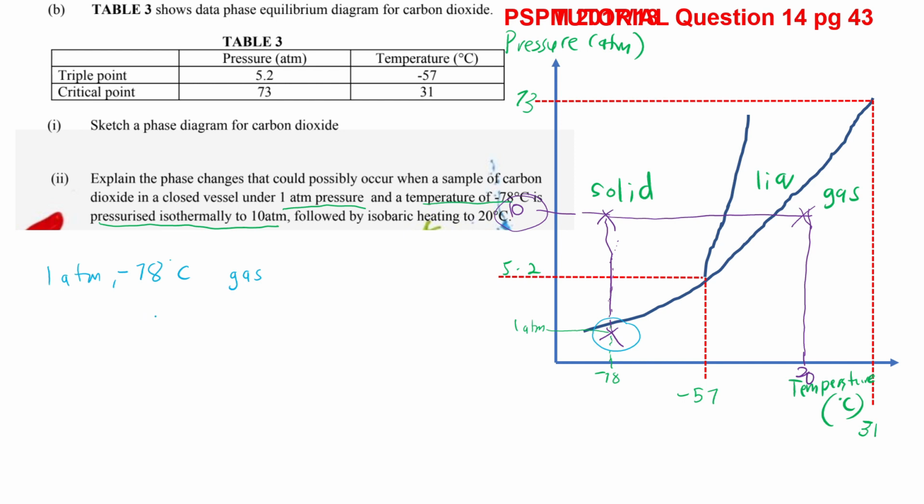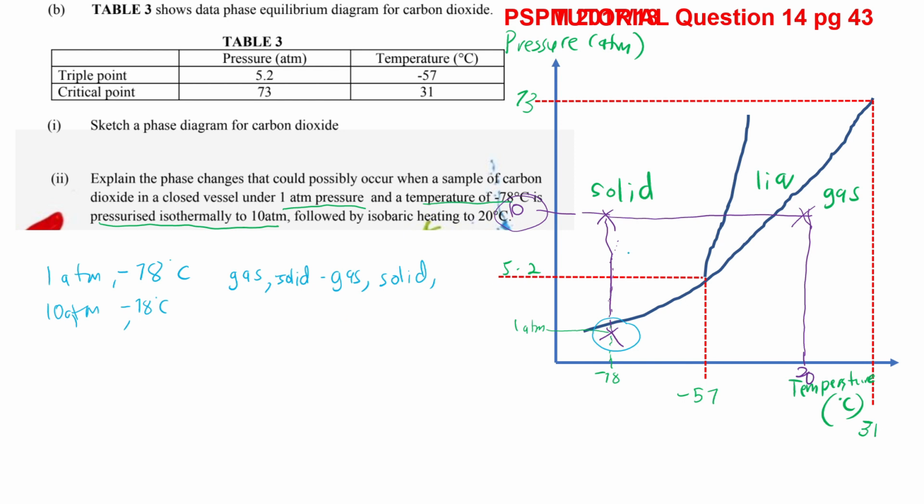Kemudian okay, so masa dia di atas garis solid dengan gas, dia akan tukar jadi solid and gas phase. Okay, so selepas tu dia di sini 10 atm, negative 78 degrees Celsius, dia akan jadi solid.